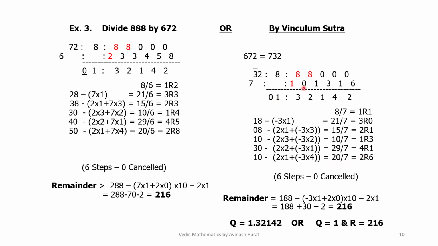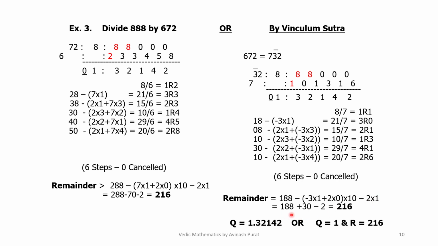Now the remainder becomes 188 minus minus 3 into 1 plus 2 into 0, multiplied by 10. So 30 is plus, minus 2 into 1 is 2.